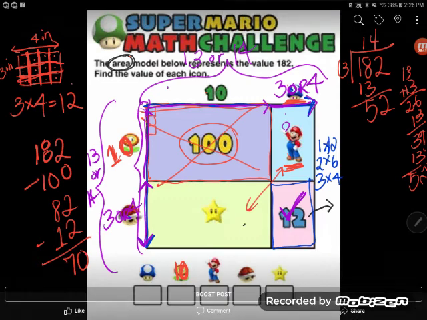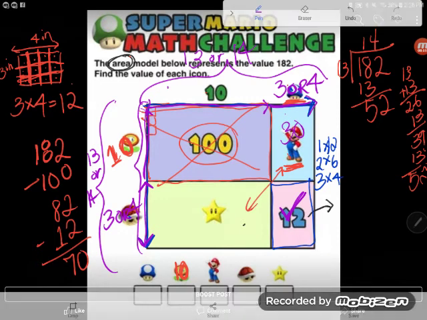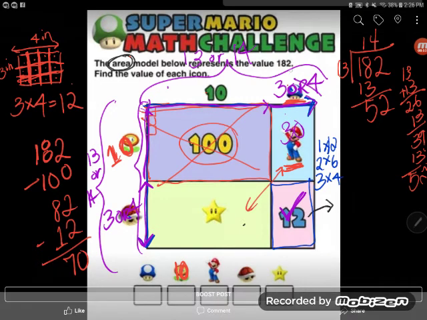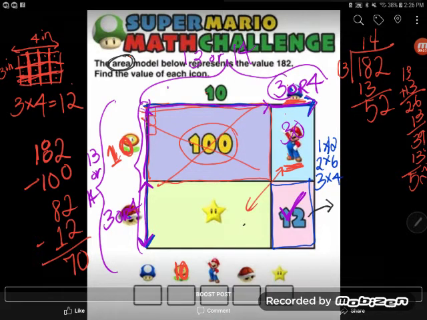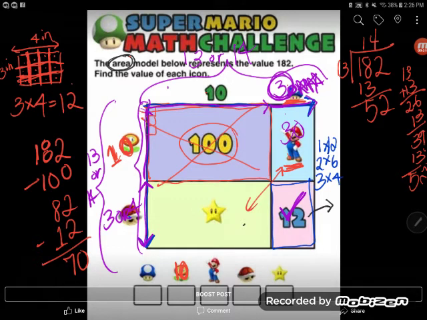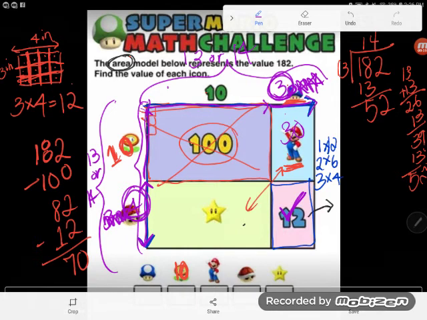If this was a 3, then Mario would be 30. Oh, sorry. I just decided this one was a 3. So if this one is a 3, this one has to be a 4. I love it when I don't let you guys follow along with my logic. So, okay, I have a 3 there and I have a 4 there. I'm just checking to see if everything works.